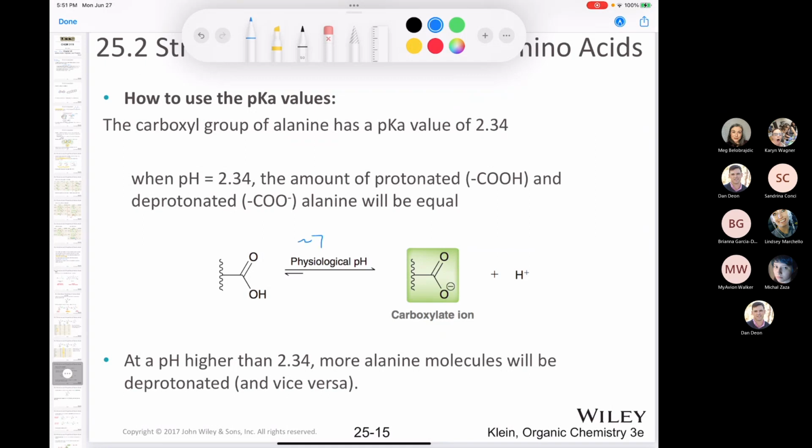Physiological pH, we'll put here 7.3 to 7.4, something like that. So what that means is if the pKa of this is equal to 2-ish, well, this is more basic. So that means it's going to deprotonate it, and at physiological pH, the carboxylate form of an amino acid is going to predominate in the human body.